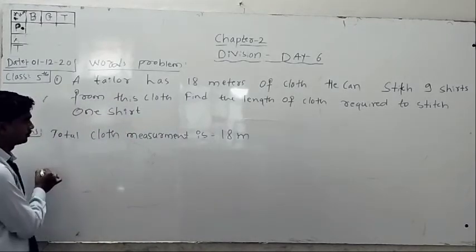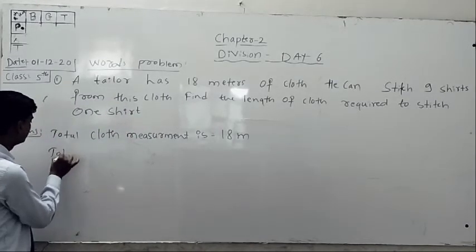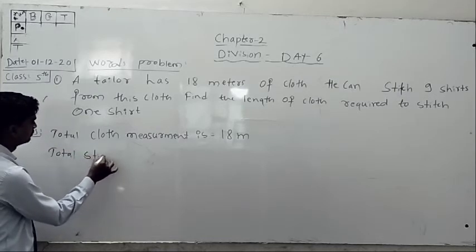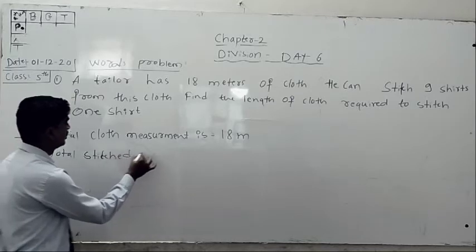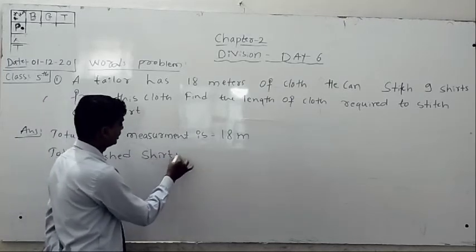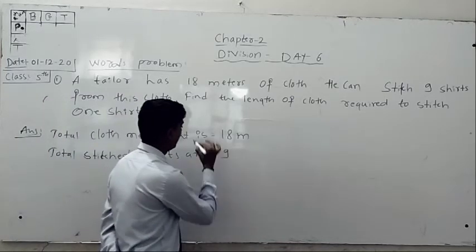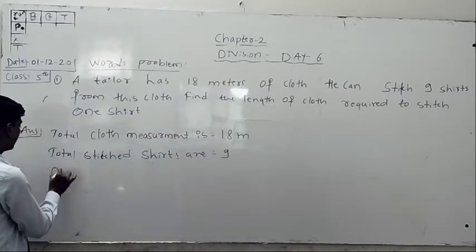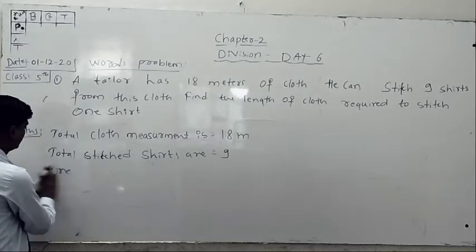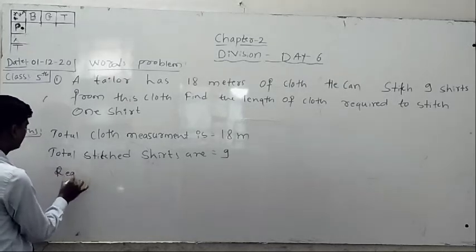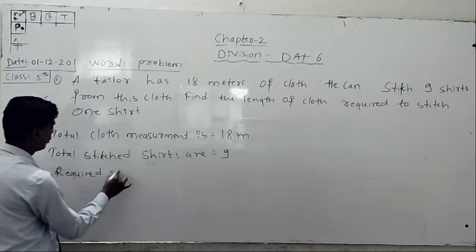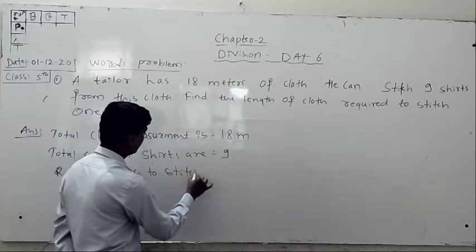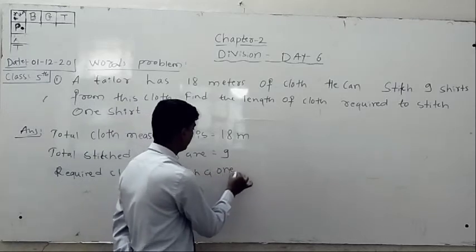Then total stitched shirts are 9. Then one shirt required cloth to stitch one shirt is question mark.